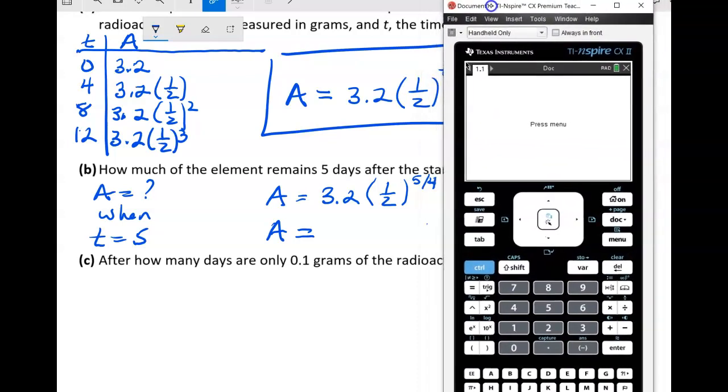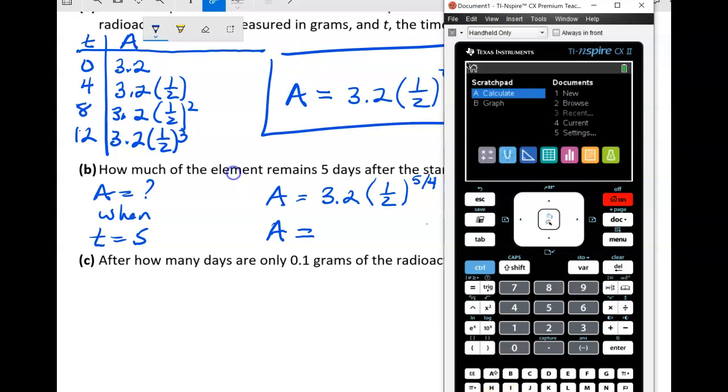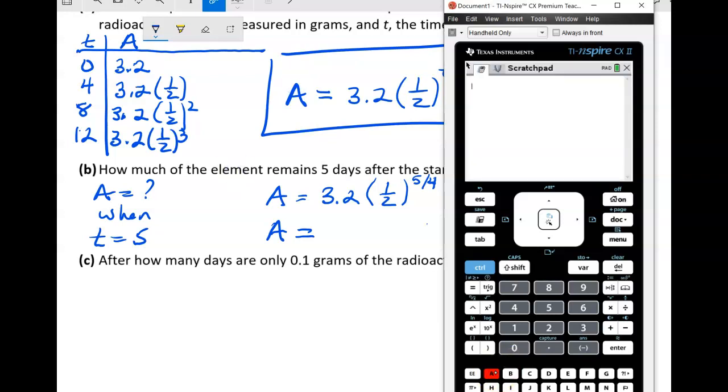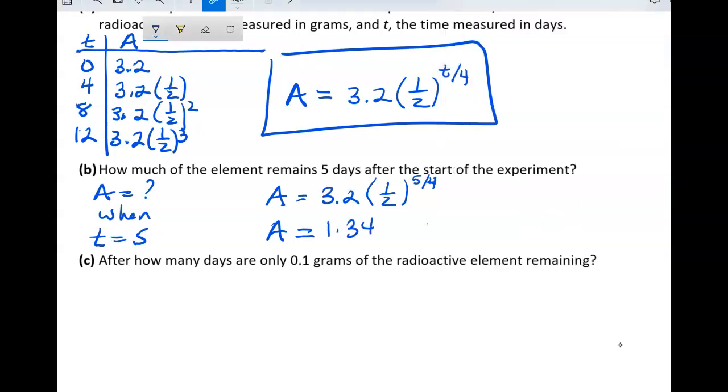And so we need to enter, from the home screen, we can grab a scratch pad and enter 3.2 times, I'll use parentheses, 1/2 raised to the 5/4 power. And we get 1.345. And 1.345 would be measured in grams.